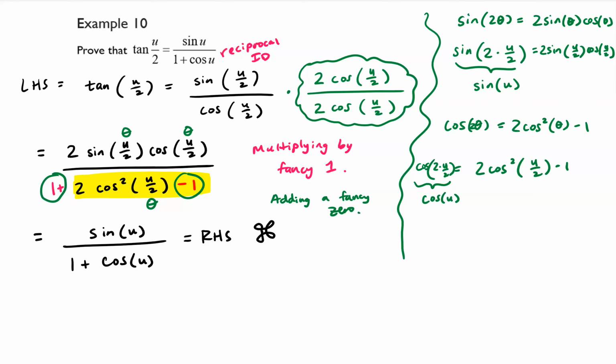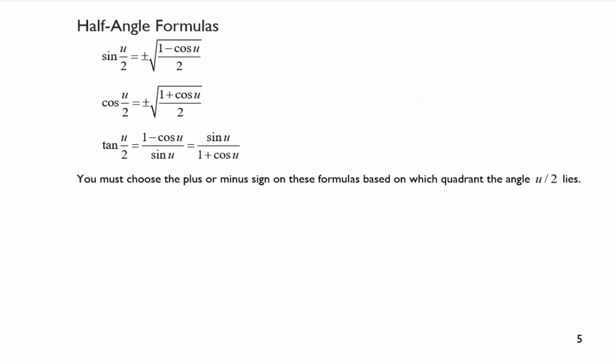So in the previous example, we went ahead and derived the formula for tangent of u over 2, and we found that it was equal to sine of u over 1 plus cosine of u, which is also the same thing as 1 minus cosine of u over sine of u. I won't derive the other two formulas for you, but these make up the half angle formulas.